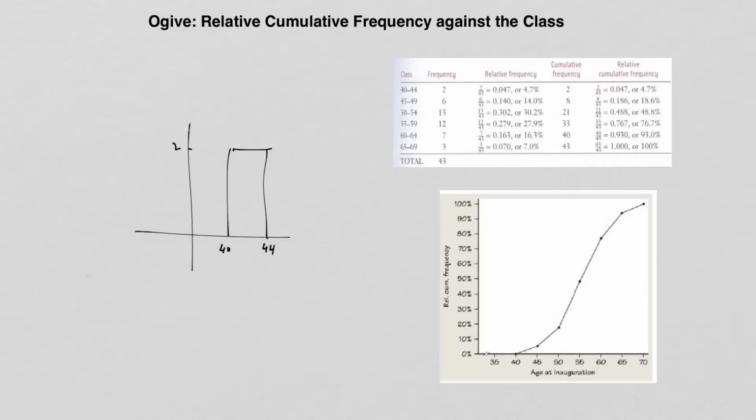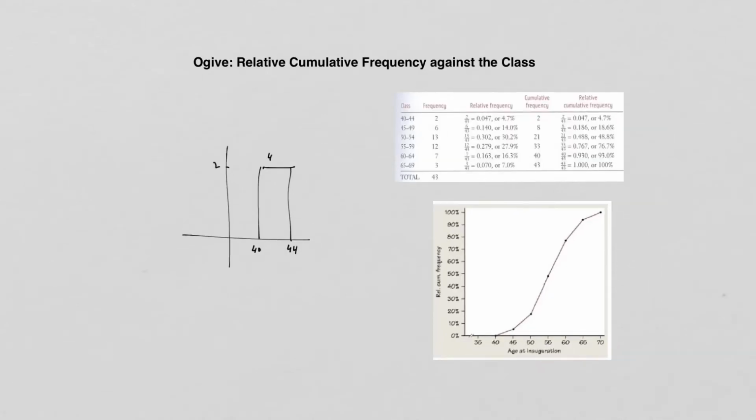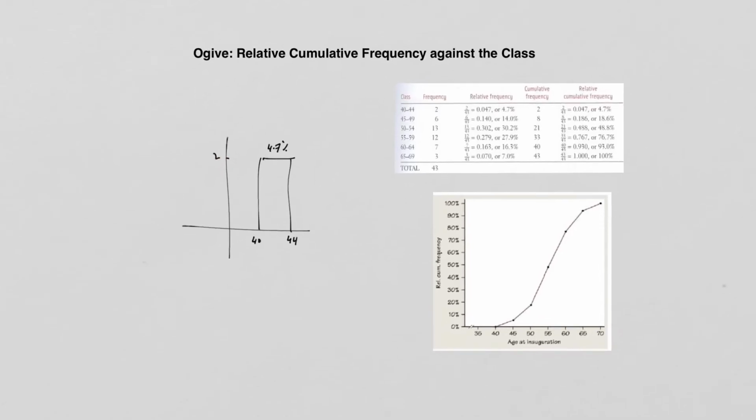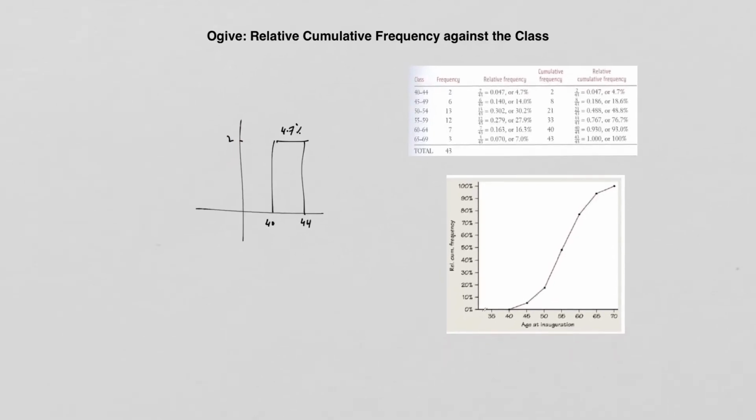I think it's better to say 4.7%. So if you look at the relative frequency, it tells you that this is fairly small, right? 2 is almost inconclusive. Is 2 a high number or a low number? I really don't know unless I consider my total of 43.